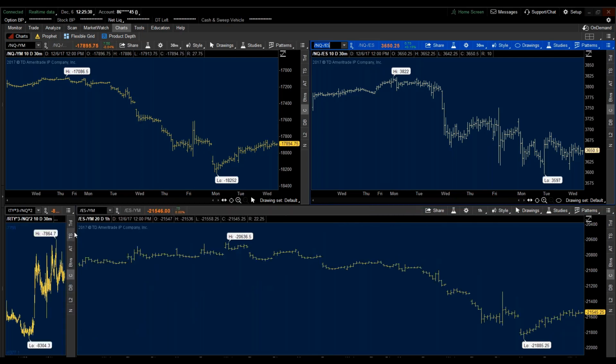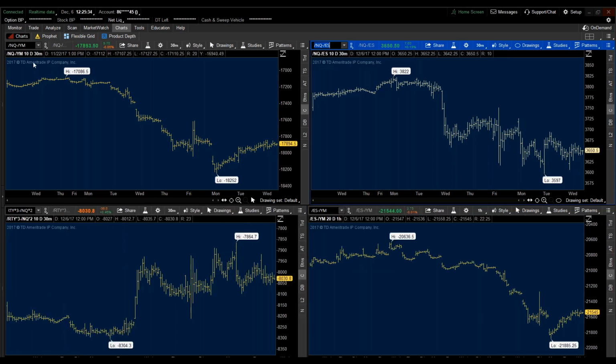Okay, so overall, I would say through this analysis that NQ weak relative to the Dow, now it's strengthening up. NQ weak relative to the S&Ps hasn't really strengthened up like the Dow has. But then we can look at the S&Ps relative to the Dow.